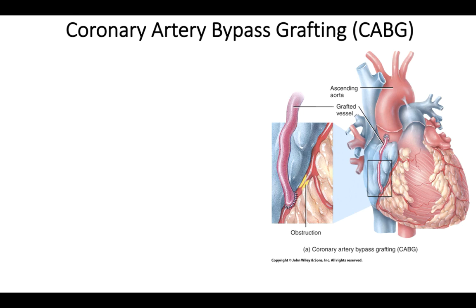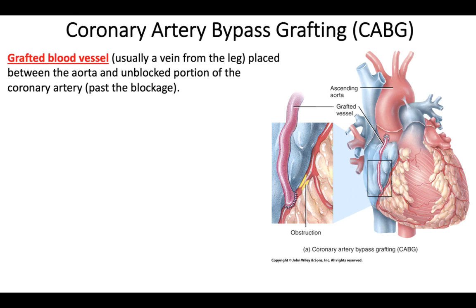Another treatment is called CABG, or coronary artery bypass grafting. What's done here is they'll take a blood vessel from another location. It's often a vein from the leg, and we'll talk about why that works when we get into blood vessels. But one reason is you have more veins than you have arteries.